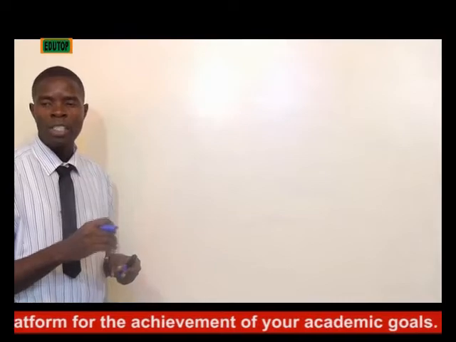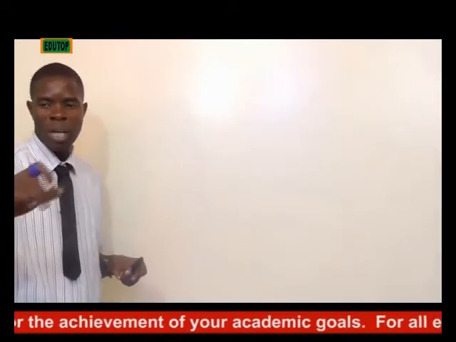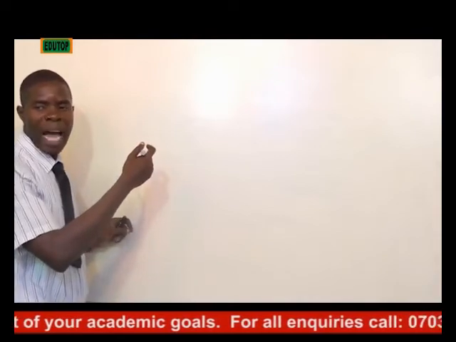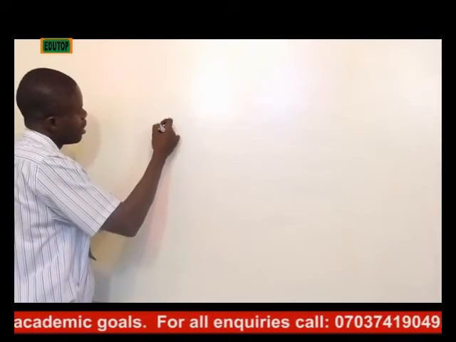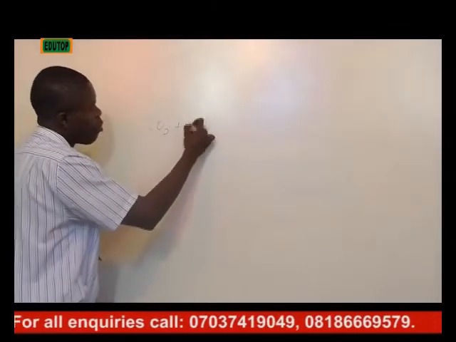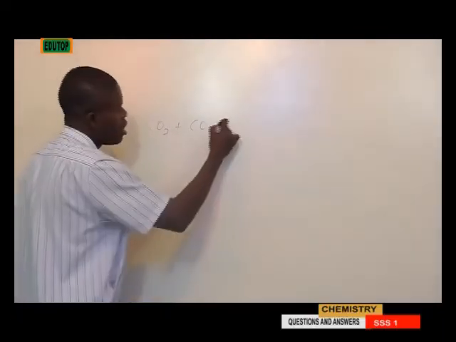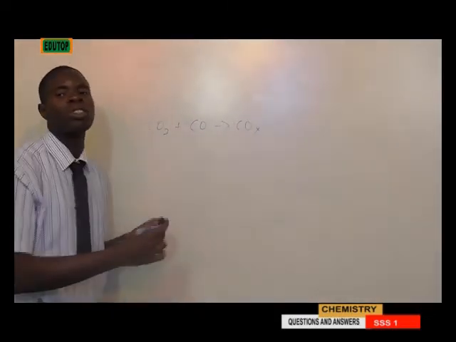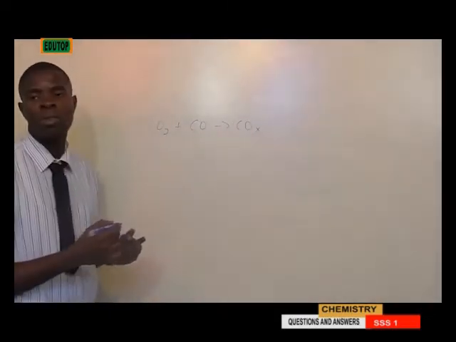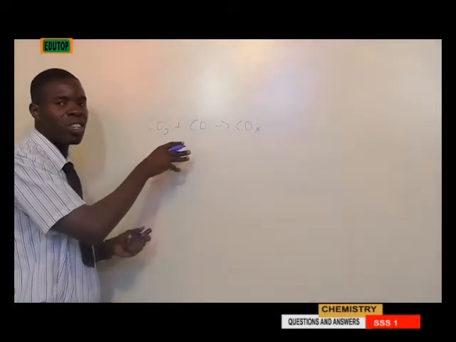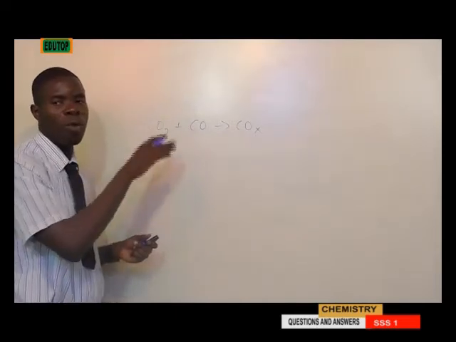So the only one that is odd here is option D: carbon dioxide reacts with carbon monoxide to give carbon monoxide. This is odd because it is impossible. So this one is not involved in the reactions in the charcoal fire.